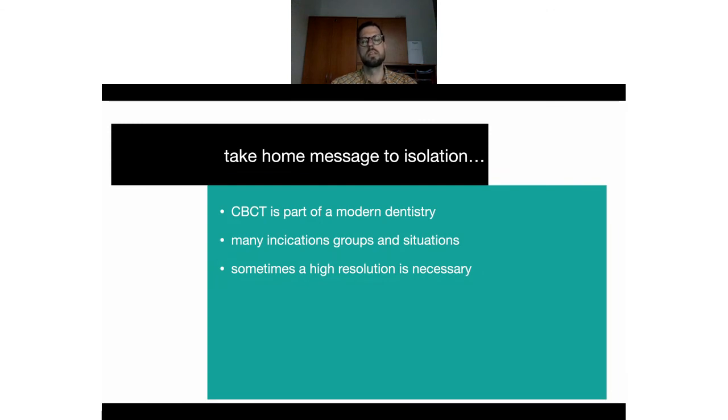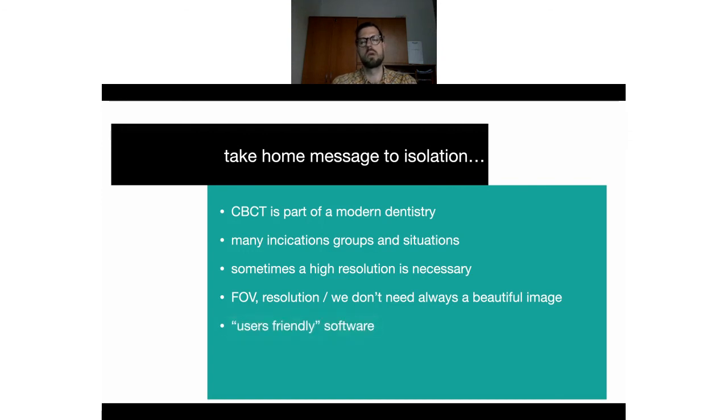So sometimes high resolution is necessary, but use it with a small field of view. We don't always need a beautiful image. So decide: if we have a big PA lesion, we must do it in high resolution, for example. Lower resolution, maybe it's okay.